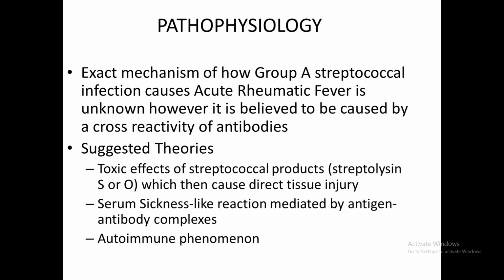The other theory is a serum sickness-like reaction mediated by antigen-antibody complexes. And thirdly, it is basically an autoimmune phenomenon, because there is no evidence of streptococcus A after 20 or 30 years. There is no evidence. It is an autoimmune phenomenon because it causes vasculitis also.